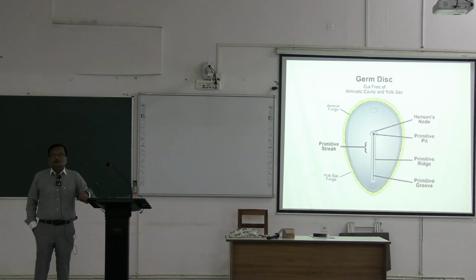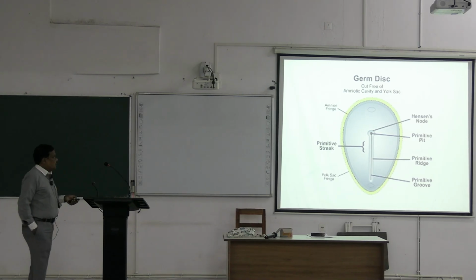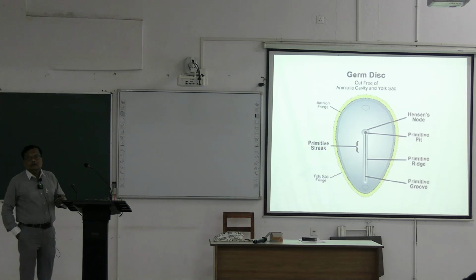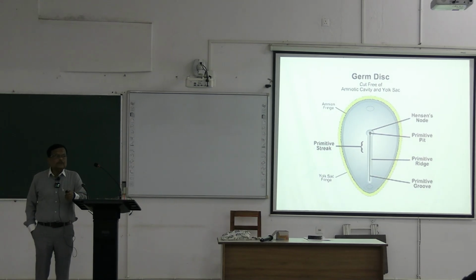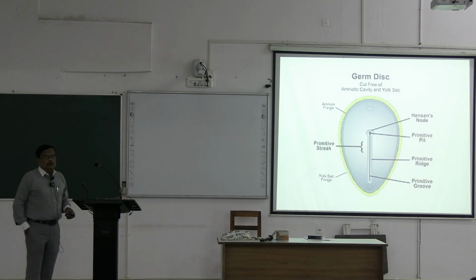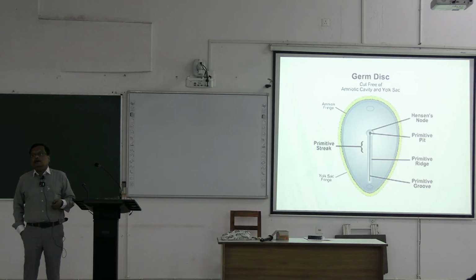Just before the appearance of the primitive streak, another specialization occurs: the formation of this rounded structure, known as the prechordal plate, where the floor of this plate is something called the buccopharyngeal membrane, and it delineates that this will be the head end, this will be the tail end. Another name of the tail is caudal, and another name of the head is cephalic.